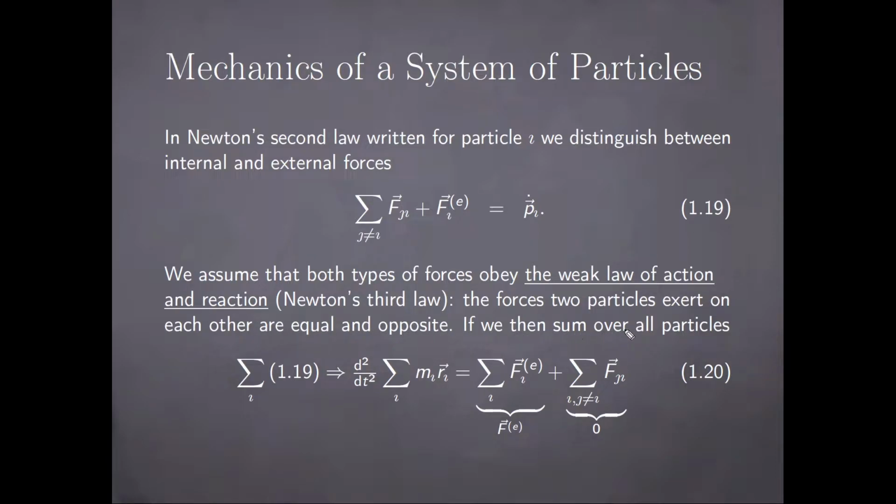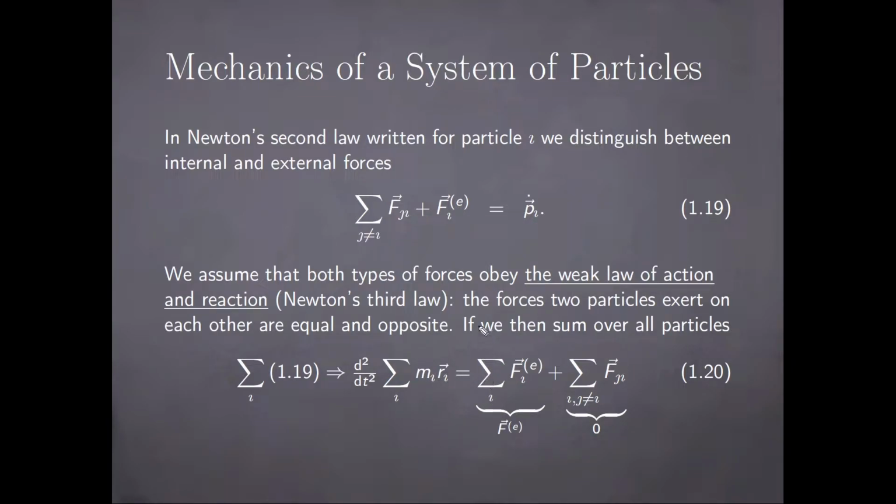If we then sum over all the particles in the system, so if we take a sum over i in the formula here, then the right-hand side is simply the second-order time derivative of a sum over all the particles in the system, where each term of the sum is the radius vector of the corresponding particle weighted by the particle's mass.